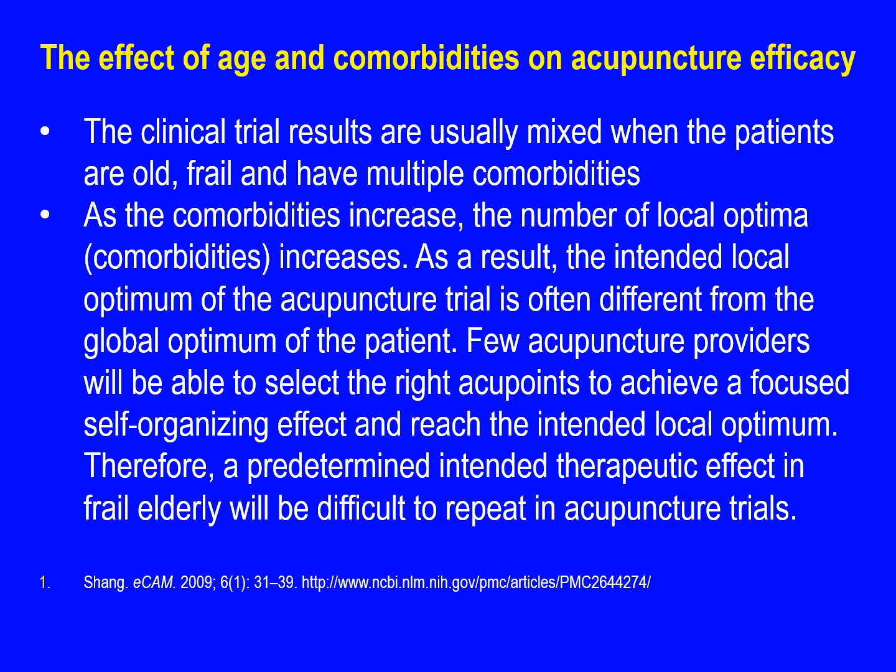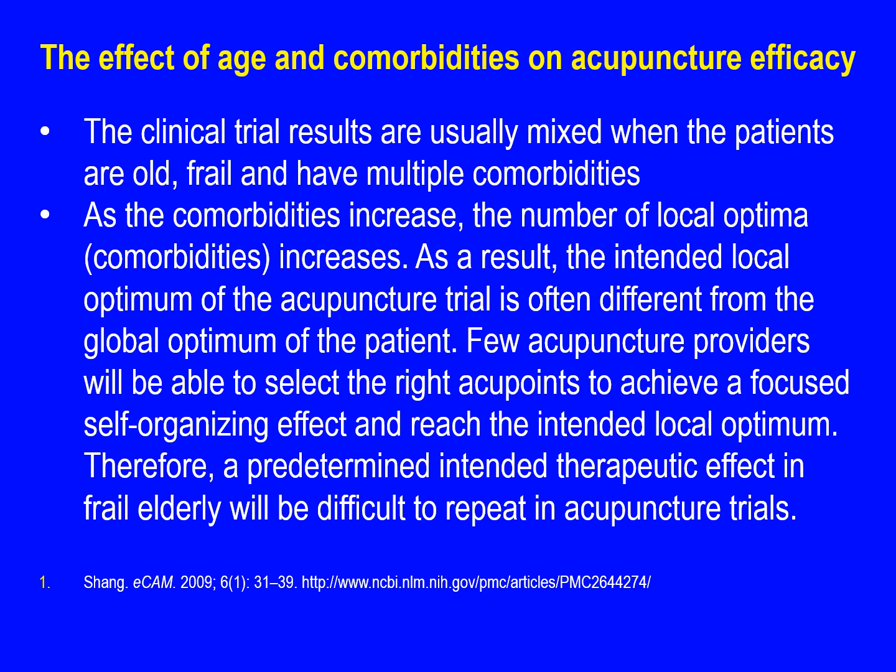So this is to review the effect of age and comorbidities on acupuncture efficacy. The acupuncture clinical trial results are often mixed when patients are old, frail, and have multiple comorbidities, as shown in the Cochrane Review database. As the comorbidities increase, the number of local optima increases, and as a result, the intended local optimum of the acupuncture trial is often different from the global optimum of the patient.